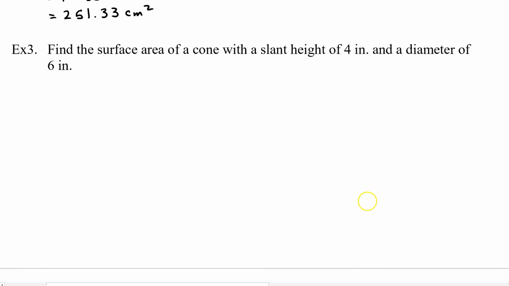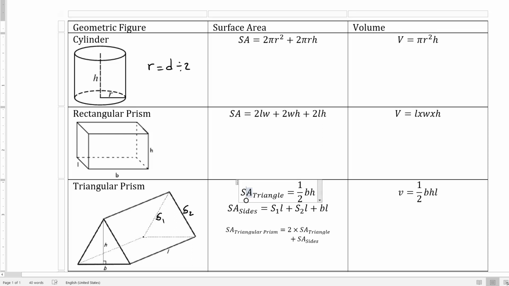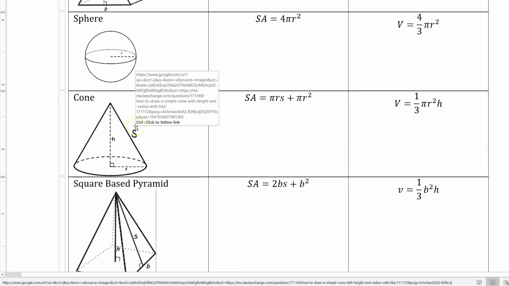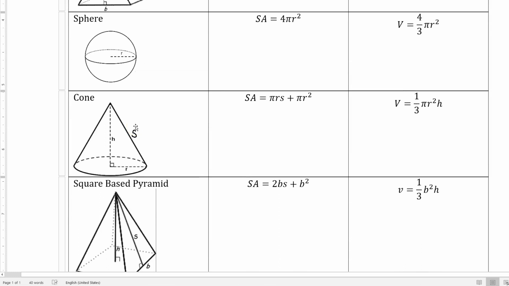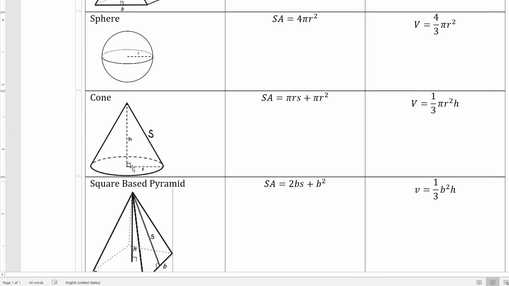Find the surface area of a cone with a slant height of 4 inches and a diameter of 6 inches. So I am going to look at this right here. Make sure that there is an S right here. Make sure that you know that this right here is the slant height. We have a cone here. This is the height, and this is the radius, and the slant height is the one on the side.